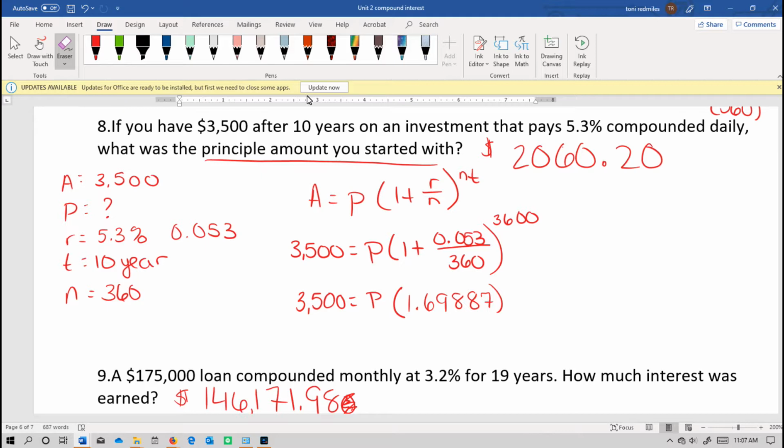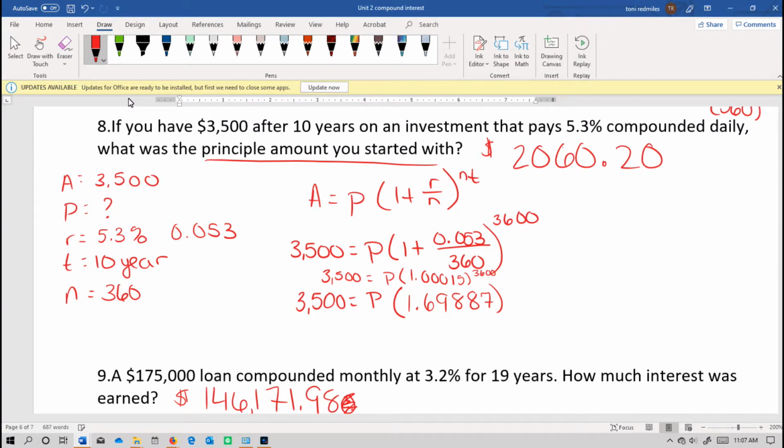And you actually should have gotten this, 1.69887. Then you put in your exponent and you get this.